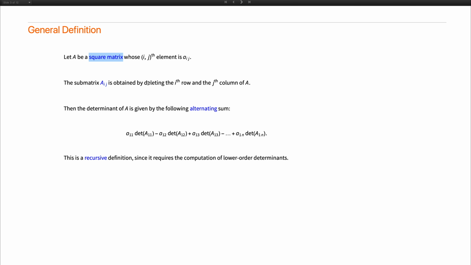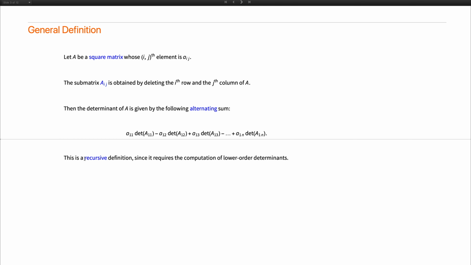What you can do then is delete the ith row and the jth column of A and get another submatrix, A_ij, which is smaller than the original matrix A. The determinant is given by an alternating sum, with alternating plus and minus signs: a11 times the determinant of A11, minus a12 times the determinant of A12, etc. That's the definition of the determinant.